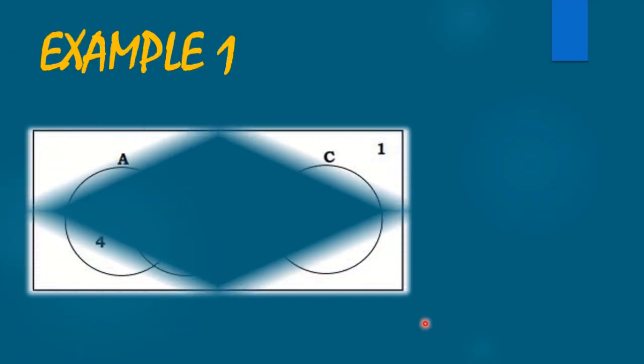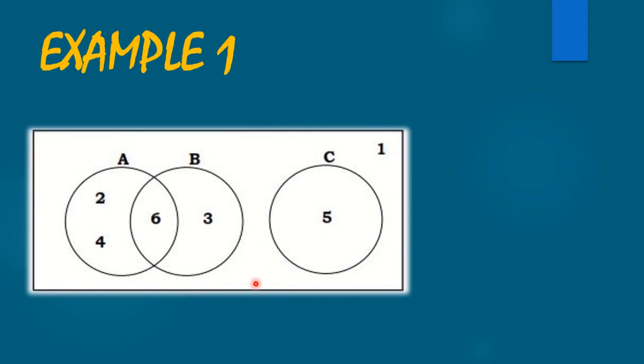So using the Venn diagram, we illustrate the following events. Again, in our event A, we have our even numbers, so we have 2, 4, 6. And then for event B, we have numbers that are multiples of 3.